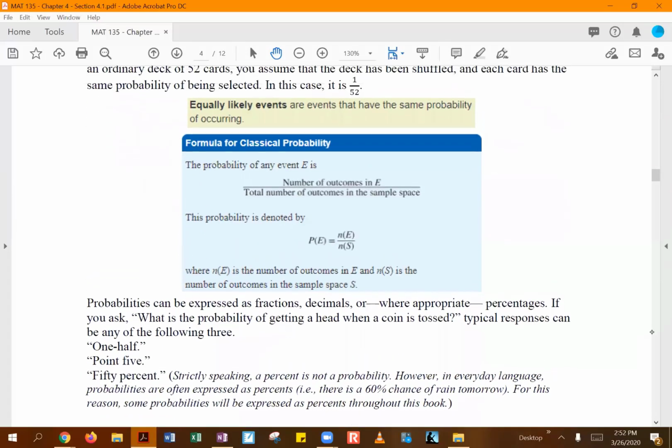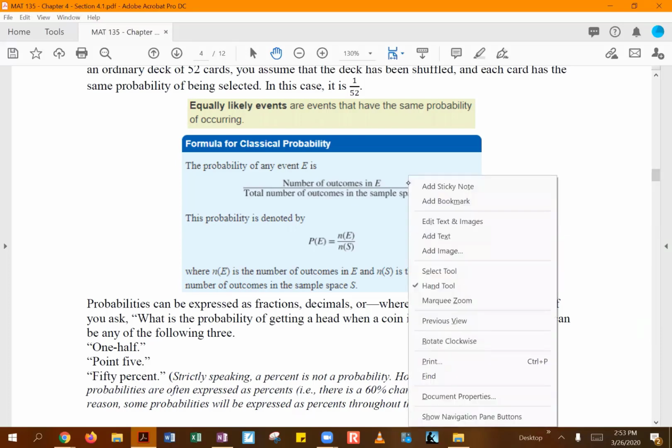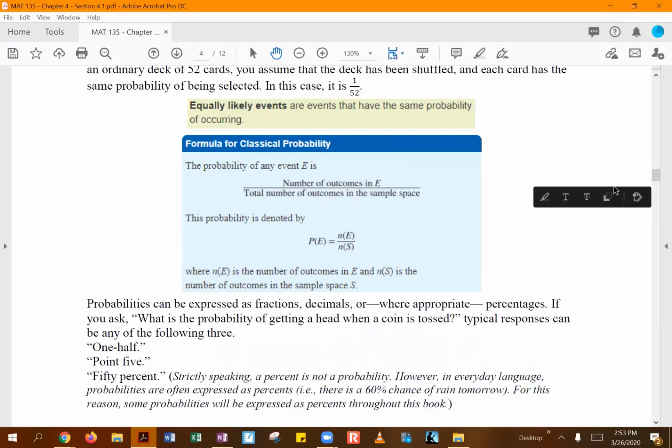Okay, here they're talking about the formula for classical probability. We're talking about the probability of event E happening. The probability of any event is how many outcomes you have in event E, over how many outcomes you have in your sample space. Outcomes in your event E go on the top, and outcomes in your sample space go on the bottom.